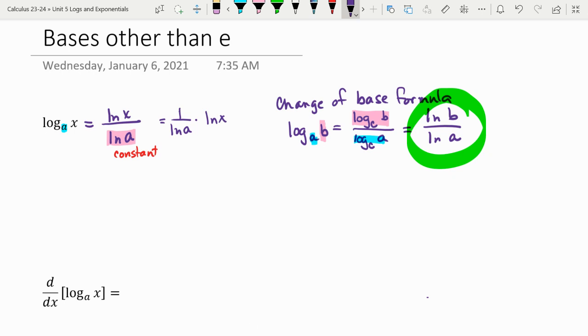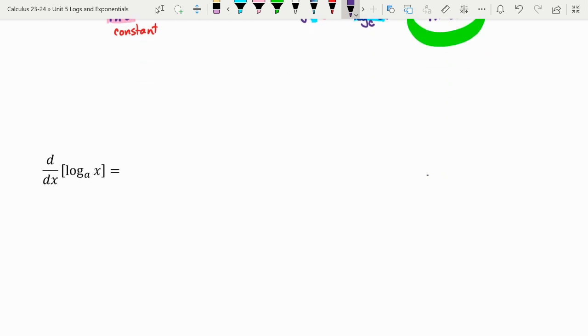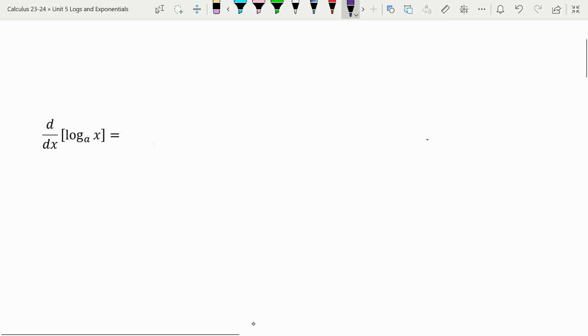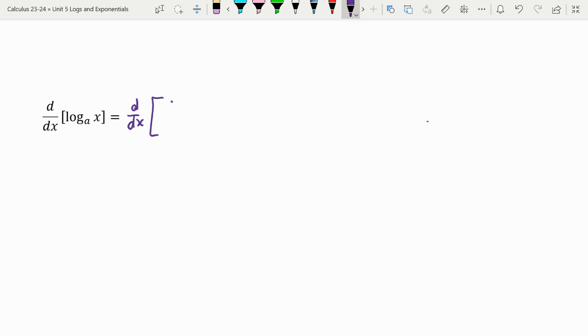If I wanted to take the derivative of log base A of X, I am basically taking the derivative of 1 over ln of A times ln of X.